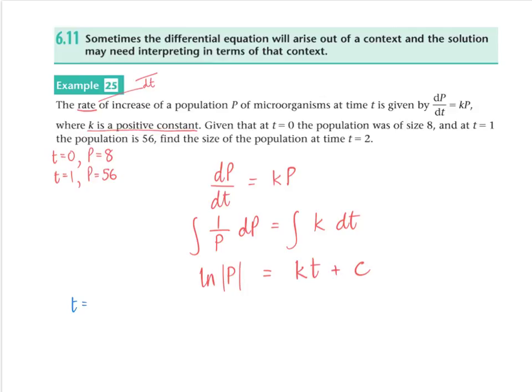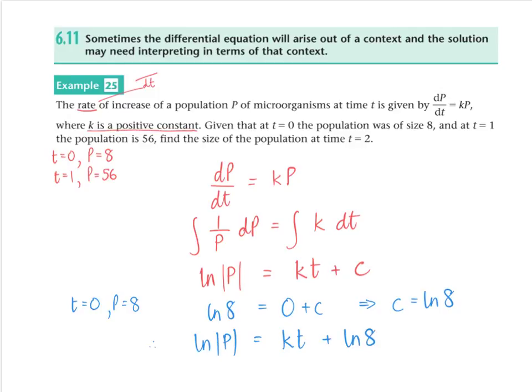So when t is equal to 0, p is equal to 8. If we put that in, we get ln 8 is equal to, t is equal to 0, so it's 0 plus c. So that tells me that c must be equal to natural log of 8.